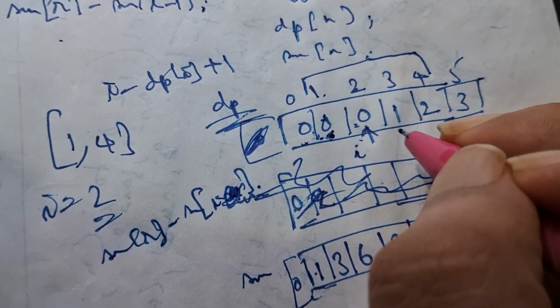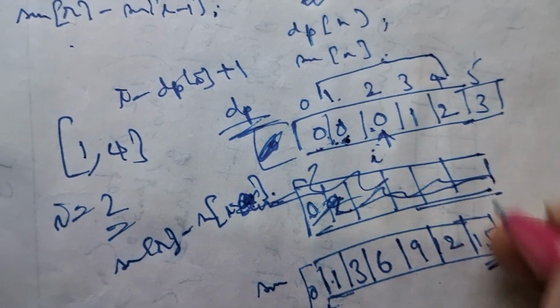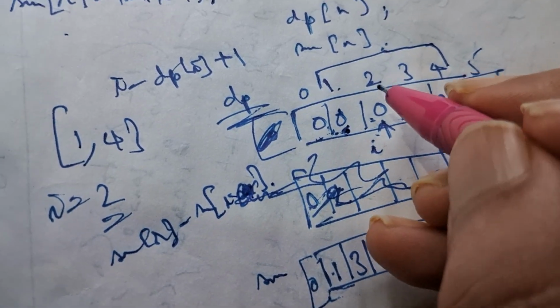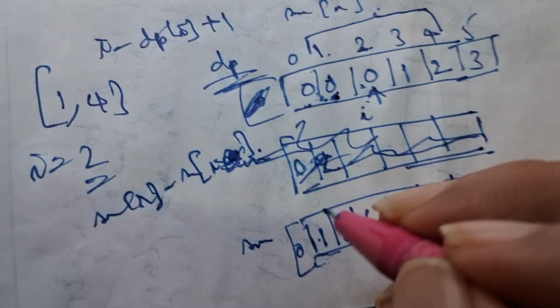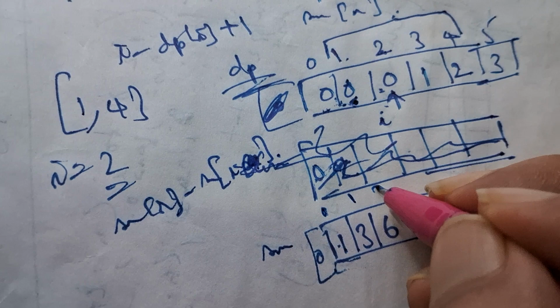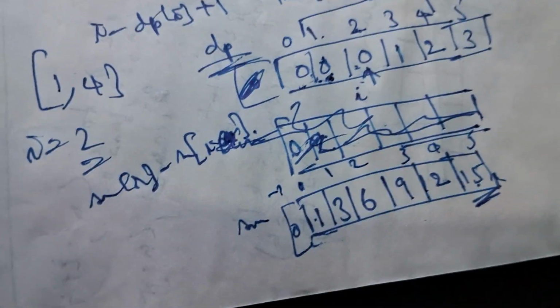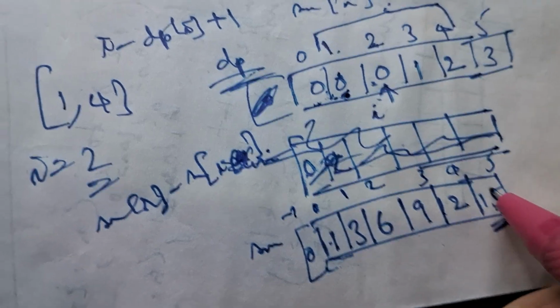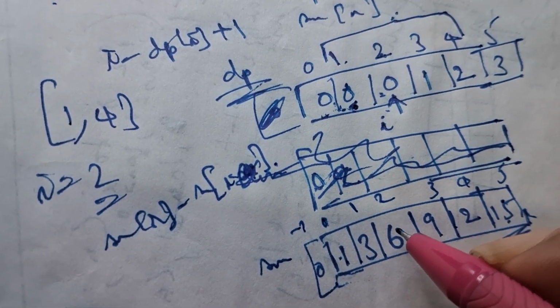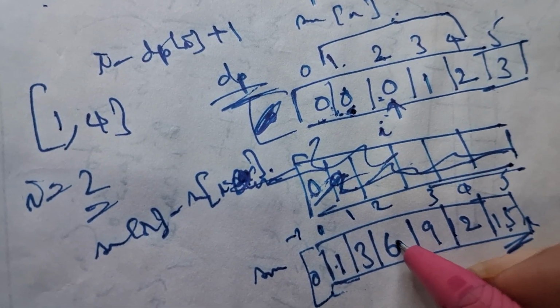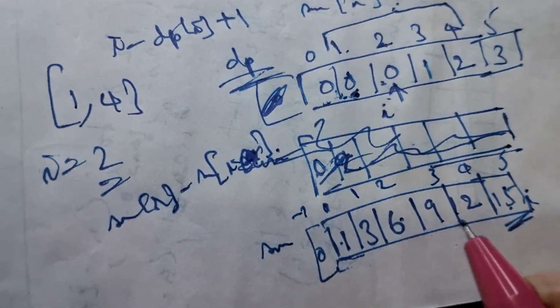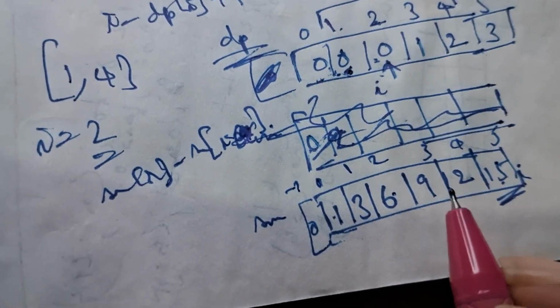So for these, you can consider sum of 2 and sum of 5. That is basically 0, 1, 2, 3, 4, 5, and this was minus 1. So we can say that 5 minus 2, that is 15 minus 6. 15 minus 6 is 9.